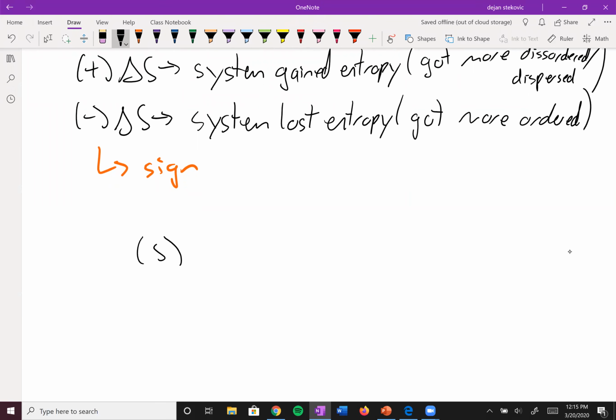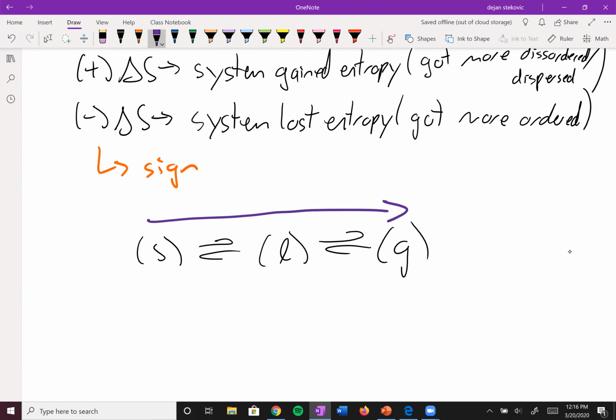So the most common example is going from a solid to a liquid to a gas, a phase transition. When we're going left to right, we're spreading out not only our matter, but our energy, right? Solids can't move at all, so they can't cover much ground. Liquids are allowed to roll over one another, so you've dispersed the amount of matter and energy there. And then finally, gases are allowed to fly all over the place, so they've got the most disorder, the most entropy.